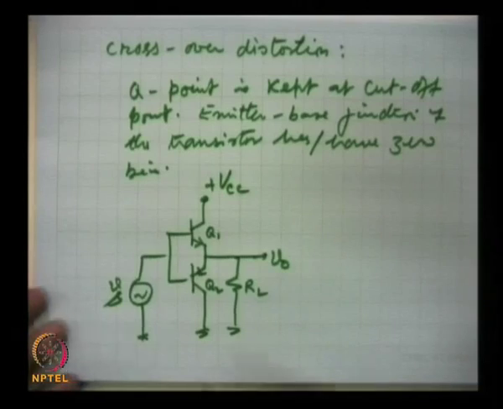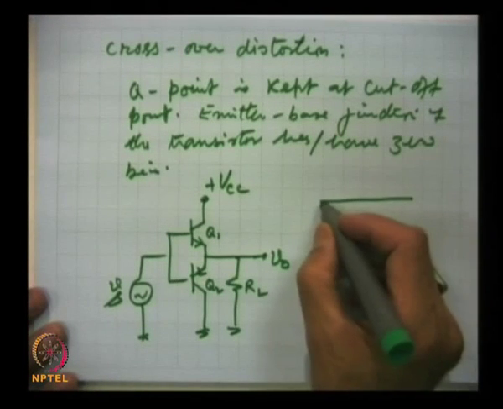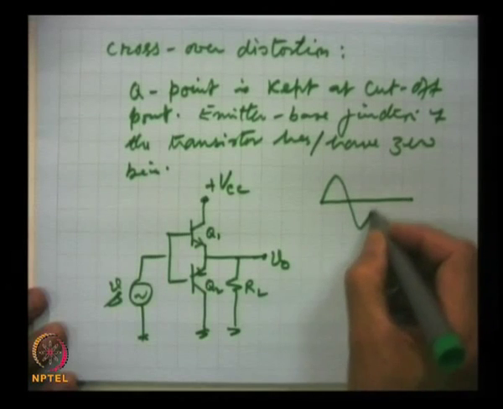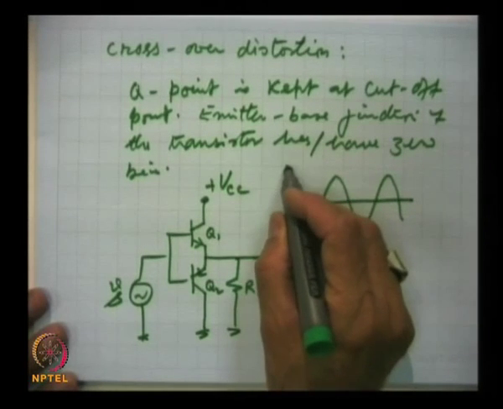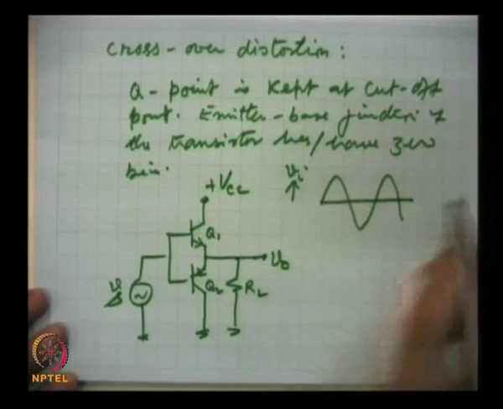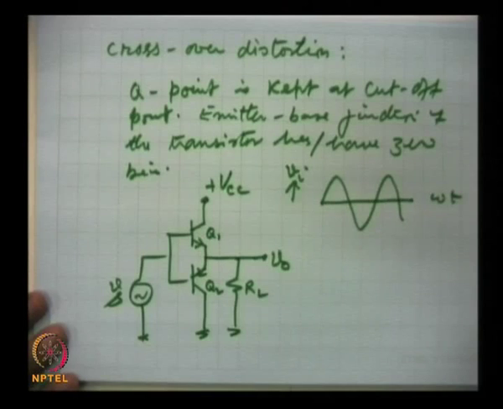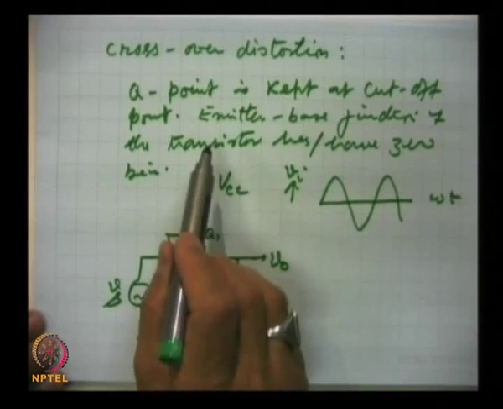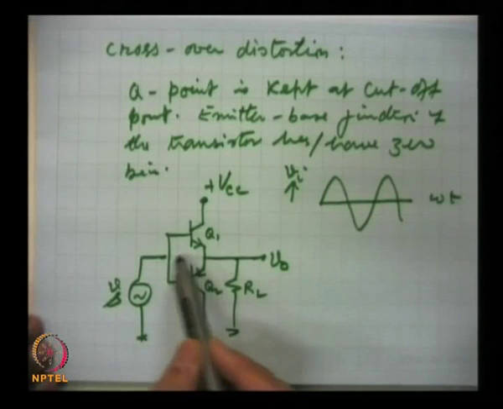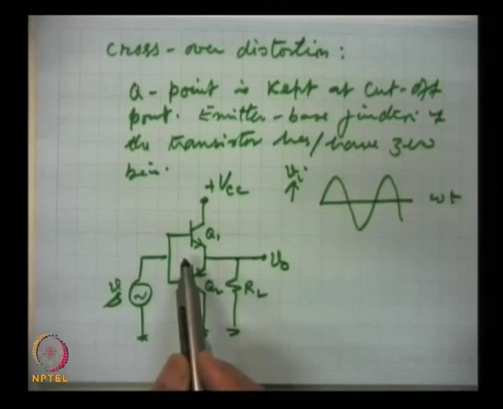If the input signal is like this, this is the input signal where this is voltage Vi and this is omega t or time. Strictly speaking, in class B operation, the emitter base junction is at 0 potential.